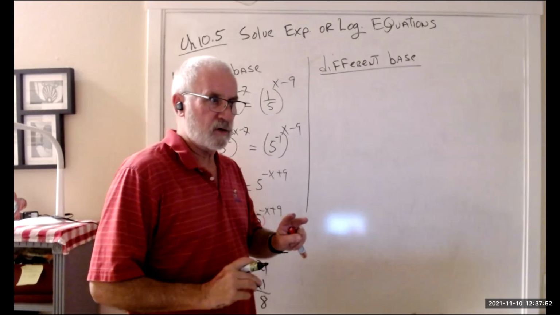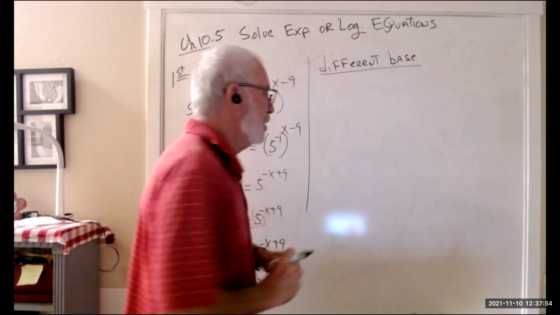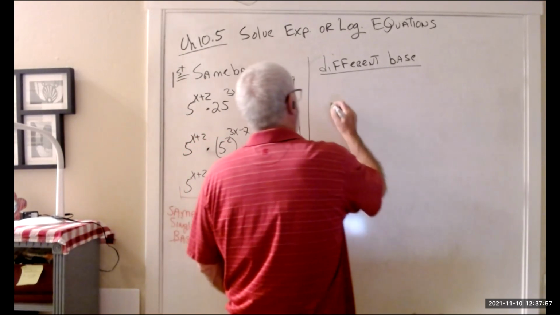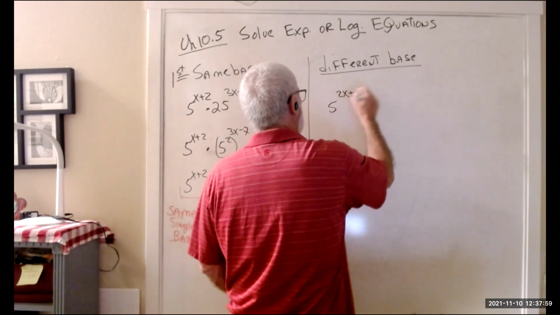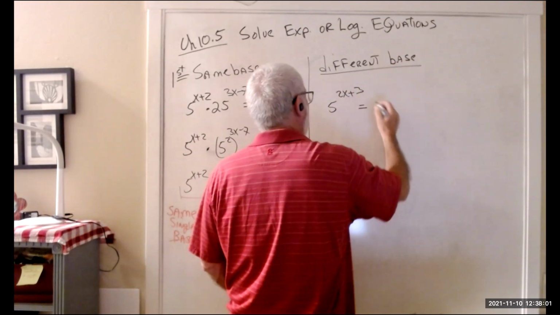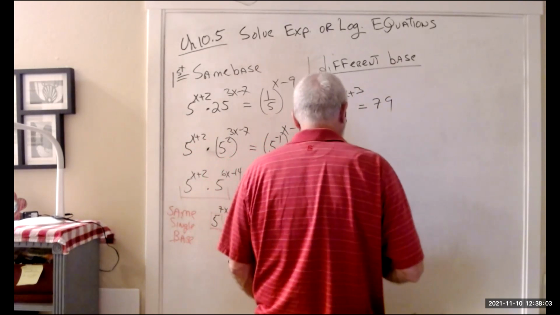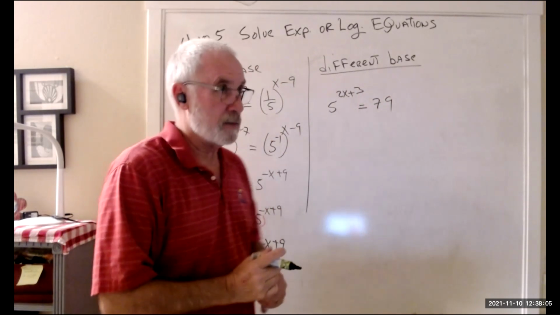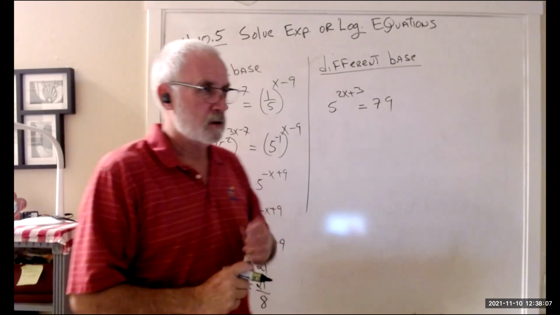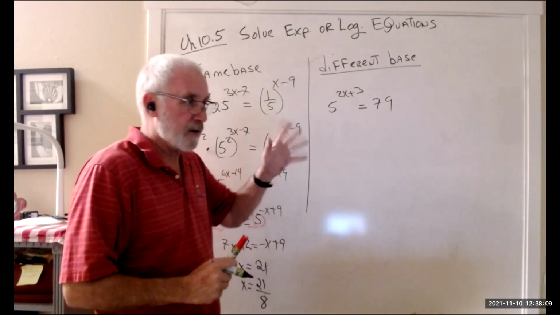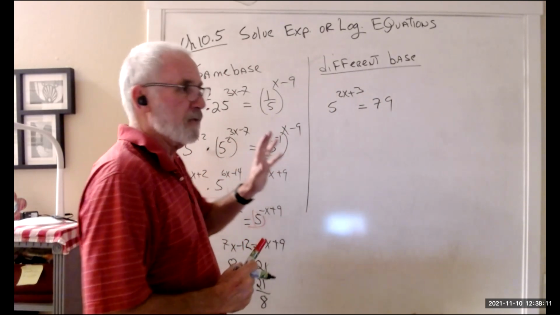Two ways. Okay, let's start. 5 to the 2x plus 3 equals 79. Actually, there are about 4 ways. Holy crud. It's going to get really hairy tonight, guys. I hope you haven't fallen asleep.